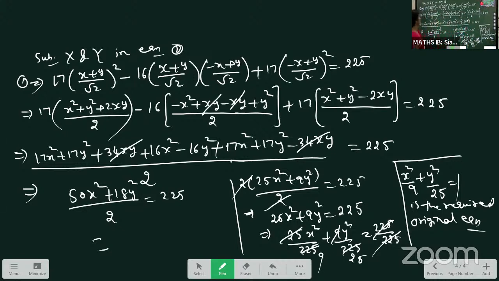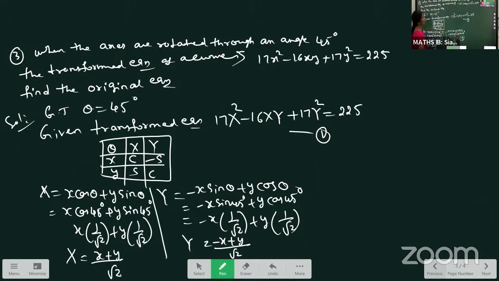So this is how you have to solve the question when the angle is given, when the shifted angle is given. These are the ways to do it. Once again, go through this question. The question is given as: axes are rotated through an angle of 45 degrees, the transformed equation of the curve is given, find the original equation.